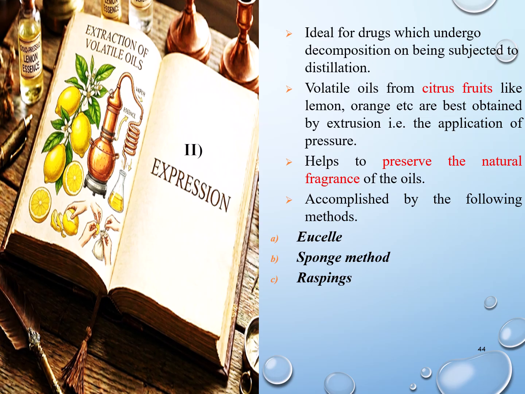And mainly it is used for the separation of volatile oils which are present in very low quantities in plants. And mainly this method is used for the separation of volatile oils from citrus fruits, and this method preserves the natural fragrance. And under expression we have three different techniques, that is the sponge method, rasping method, and Useley method.